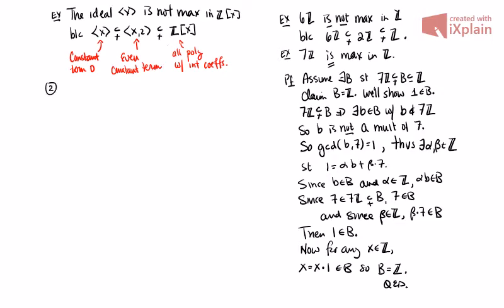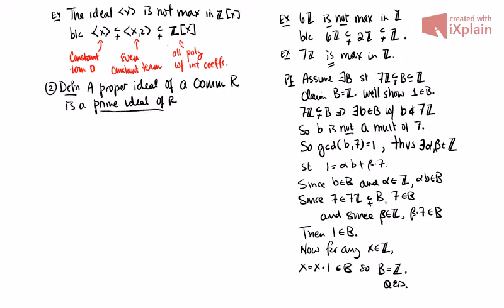So now let's look at the definition of a prime ideal. Again, we're going to have a proper ideal A of a commutative ring R. It is a prime ideal of R if the following condition holds, and this is a proper ideal A, let's be clear.